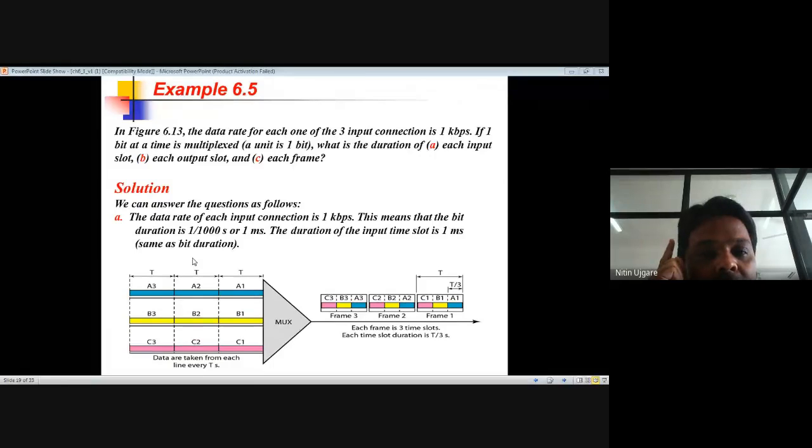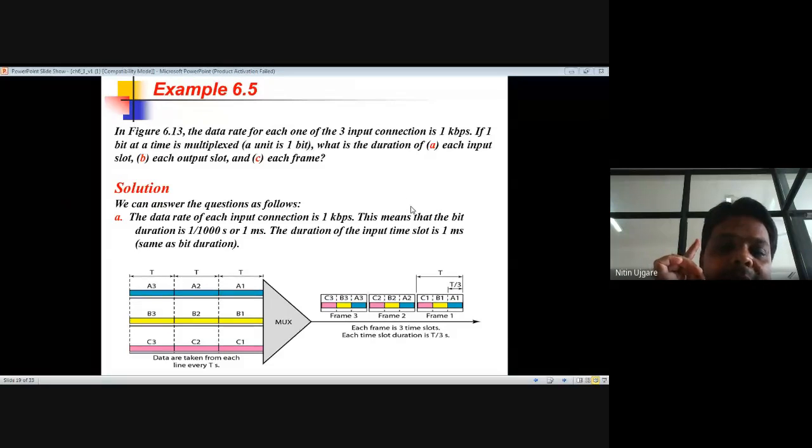of data we can send per second. So if you want to convert it to bits per second, then 1 kilobit is equivalent to 1000 bits. That means we are sending 1000 bits in 1 second.